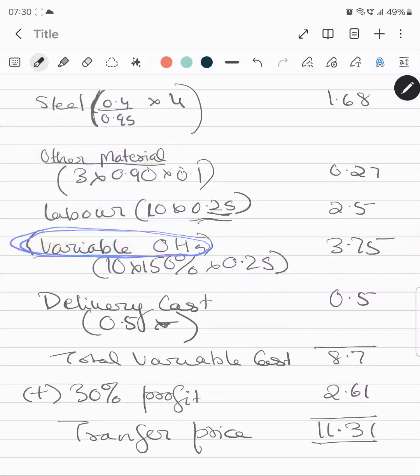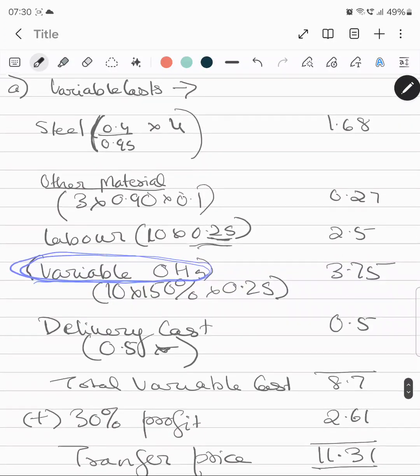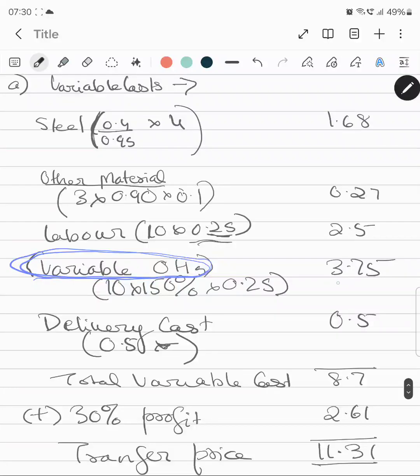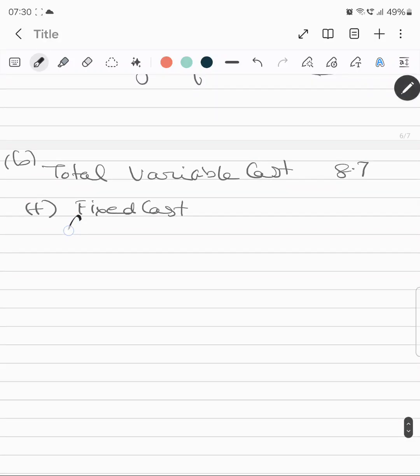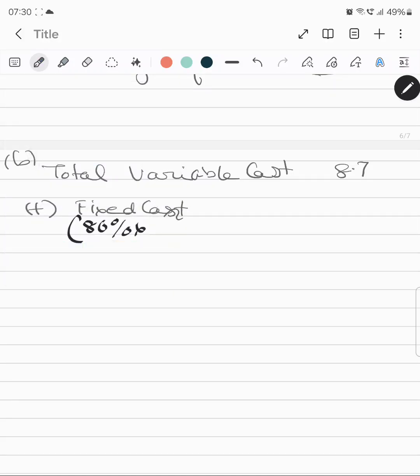In the question it is given that fixed costs are 80% of the variable overheads, and my variable overheads are 3.75, right? So 80% of 3.75, 3.75 into 80%, it's 3.